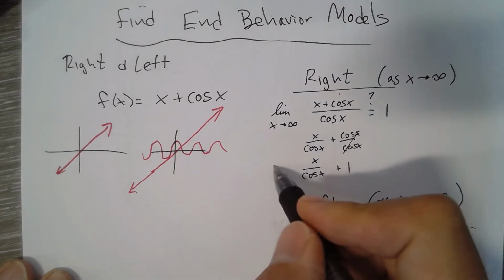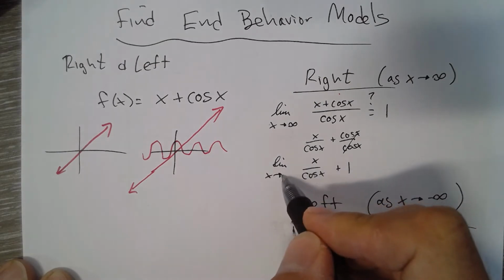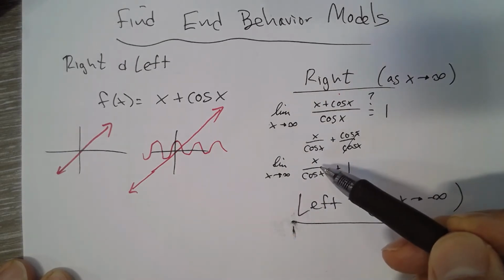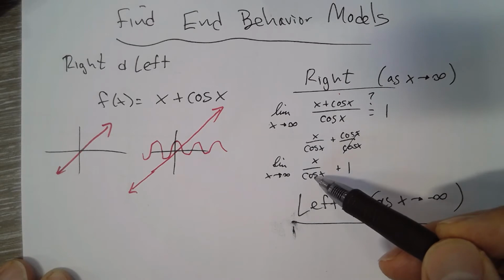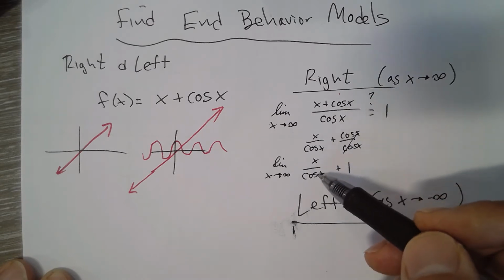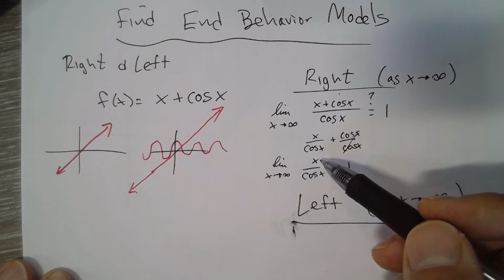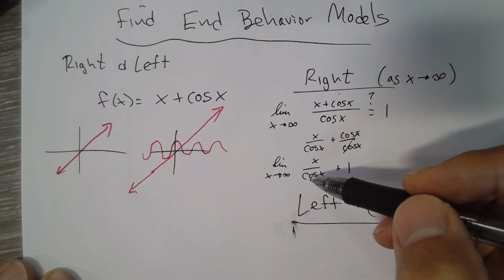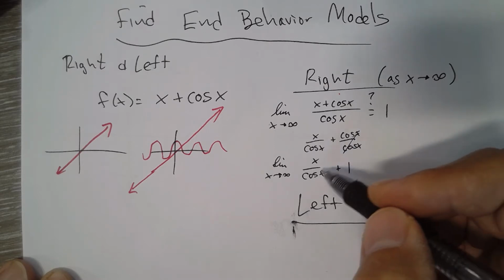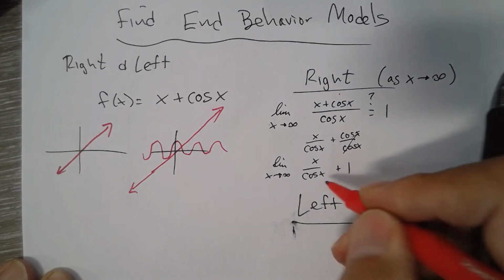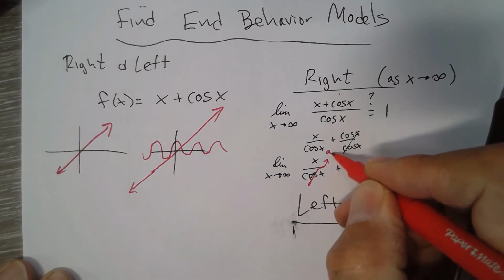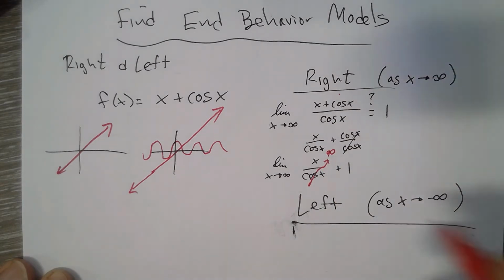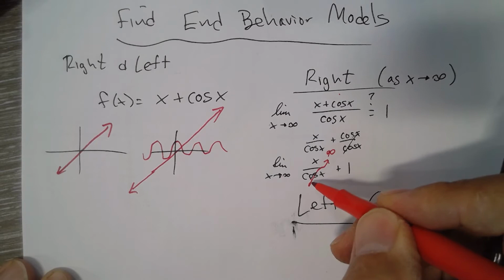So what is the limit of that as x goes to infinity? Well, what happens to an x? It becomes infinity over a number between negative 1 and 1. So really large over small. If there's a more dominant term on top, then you'll always get infinity.